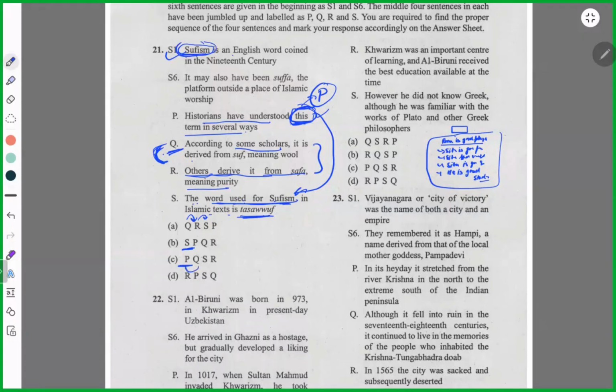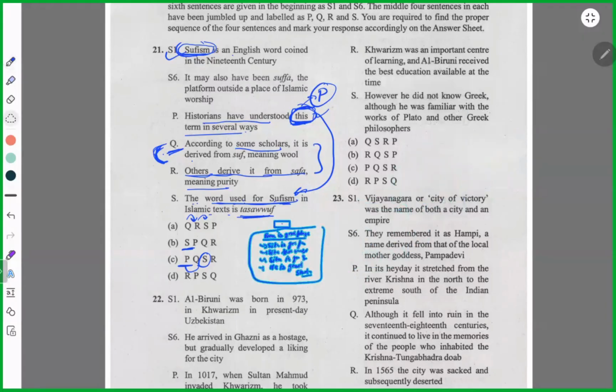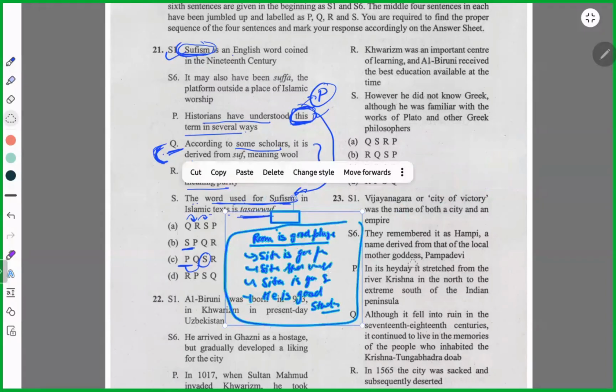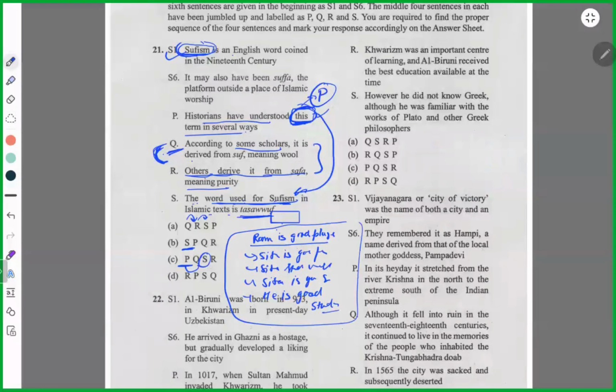Try PQ, PQR. Now again, S. You will not write like this. First, will you write like this? See here only, I'll just take this example, that's why I kept it. You will not say like that: Ram is a good player.